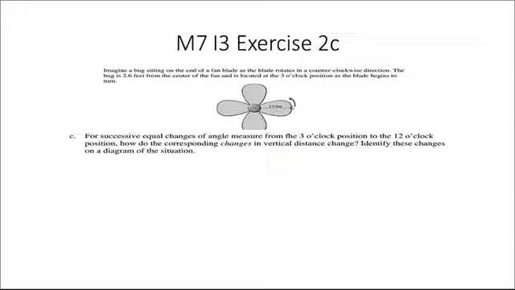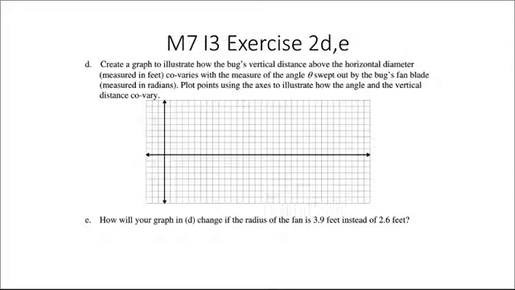So I want to go ahead to D, and we'll come back to C, where it asks us to create a graph to illustrate how the bug's vertical distance above the horizontal diameter, measured in feet, co-varies with the measure of the angle theta swept out by the bug's fan blade, measured in radians.